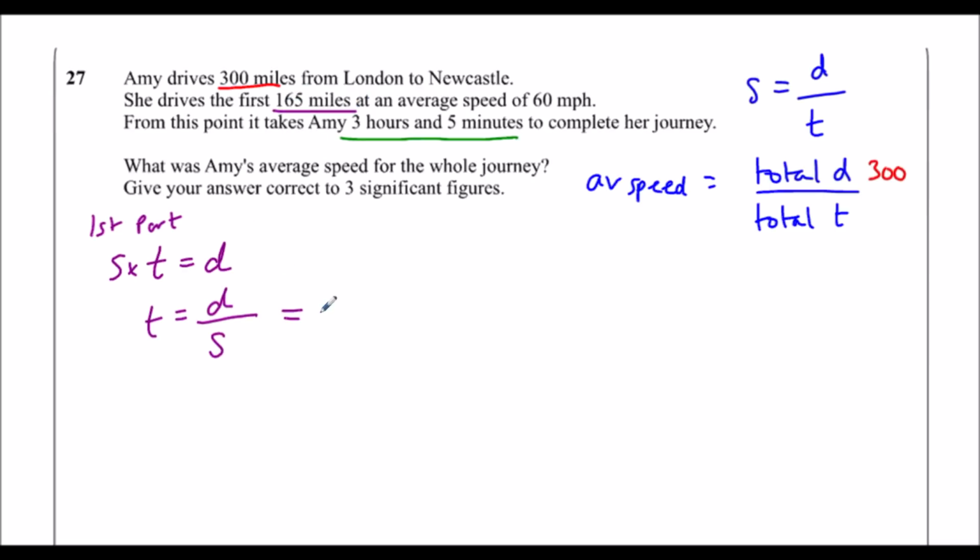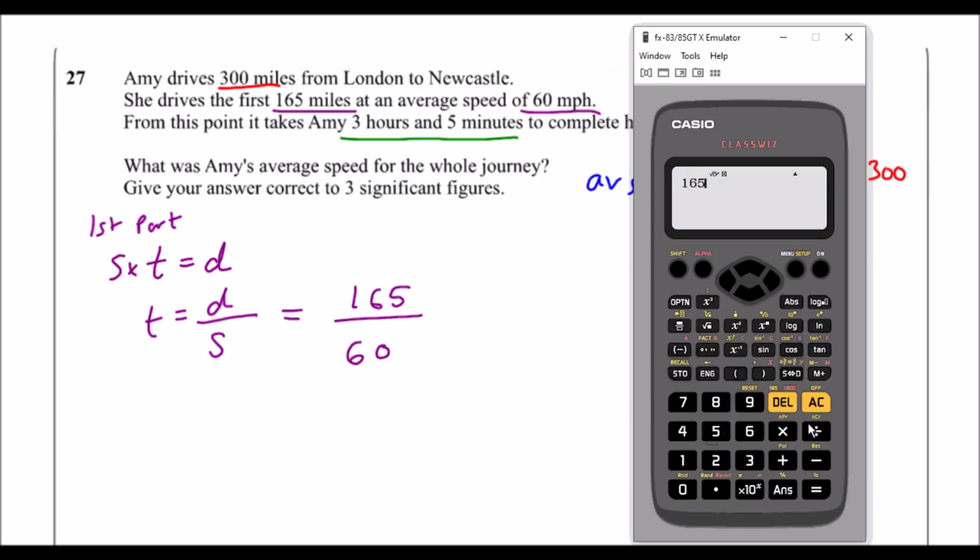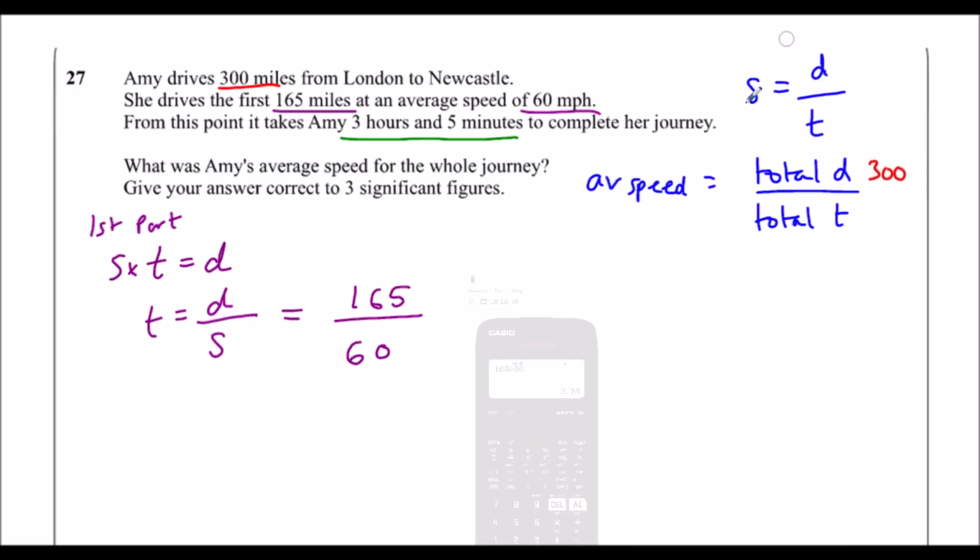Distance is 165. The speed is 60. So 165 over 60 is 11 over 4, or 2.75 hours.